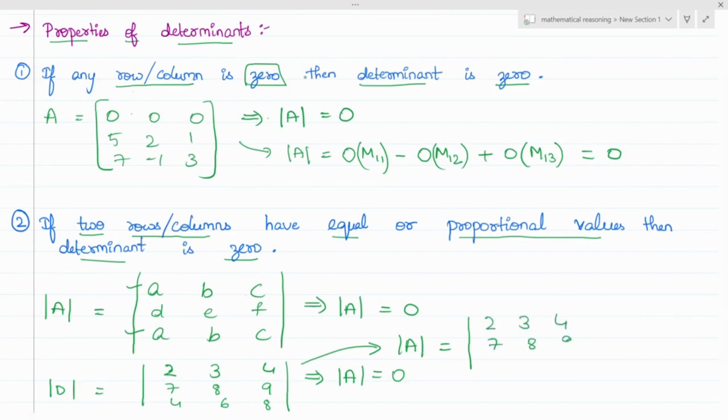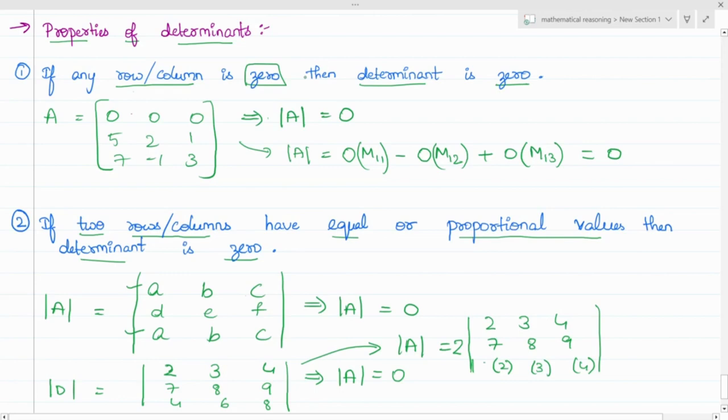The first and the second rows remain as they are. The third row is something like 2 into 2, 2 into 3, 2 into 4. So if we take this 2 common from the third row, we can write this 2 outside.